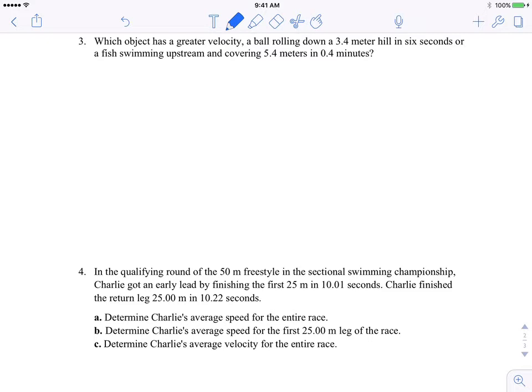So this problem just has you comparing two different velocities. First, you have to solve for the velocity for both of them. So it's the same way as we did before. Always start off with the starting equation, do a list of knowns and unknowns, and then plug and chug. So our starting equation is delta x over delta t.